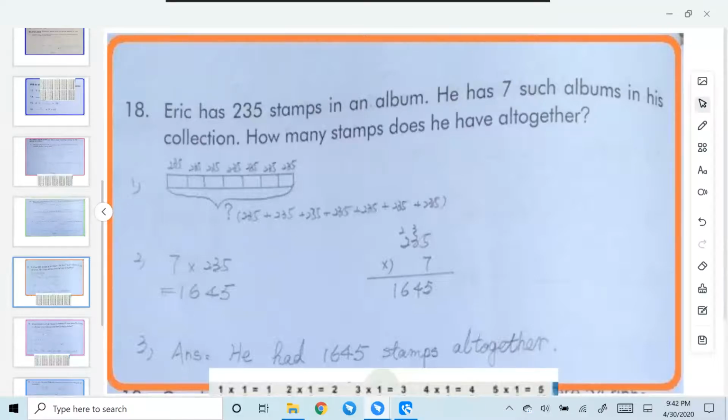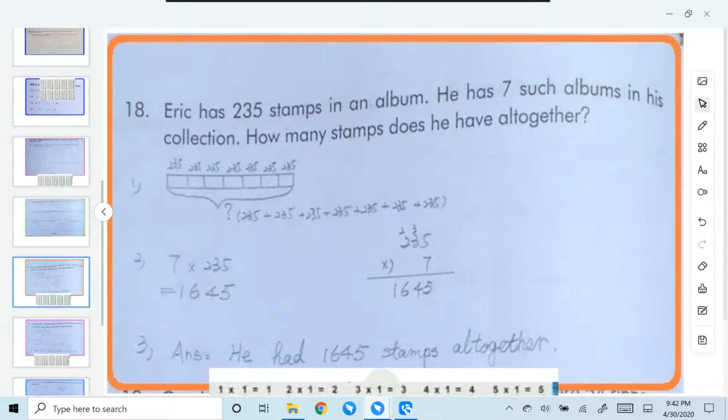We know he has 7 albums, so 1, 2, 3, 4, 5, 6, 7 albums. Each album has 235 stamps.